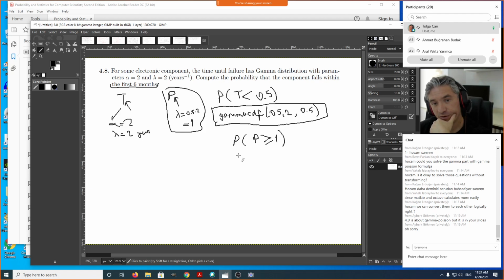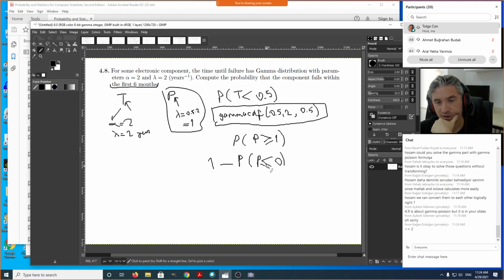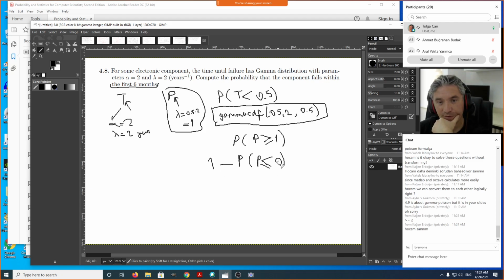That can be computed as 1 minus the probability of obtaining 0 events. If you know the probability of obtaining 0 events in 6 months, and subtract it from 1, we are going to find what we are looking for, right?